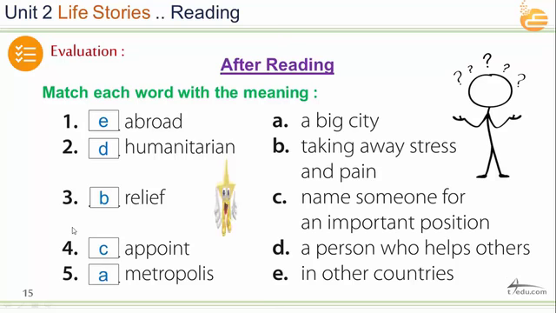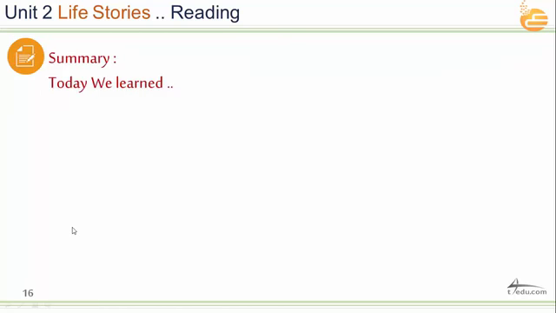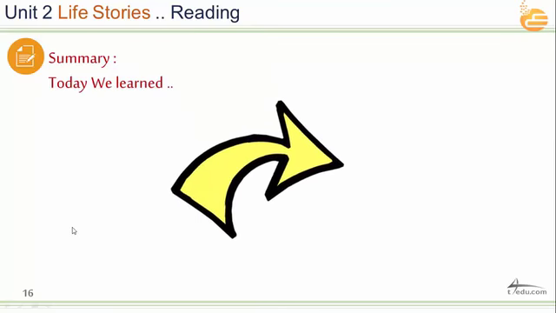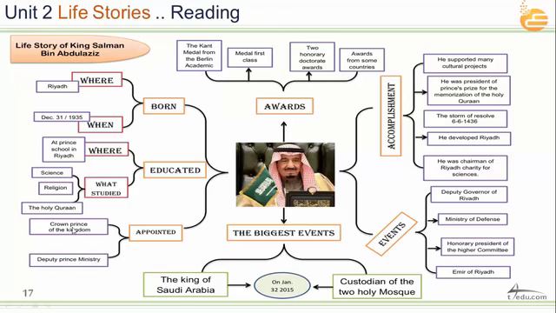Okay. At the end, today we learned some events in the life story of King Salman bin Abdulaziz. We learned about his birth, where and when, where he studied, and what he studied. And we learned the biggest events in his life and when he was the king of Saudi Arabia and custodian of the two holy mosques.